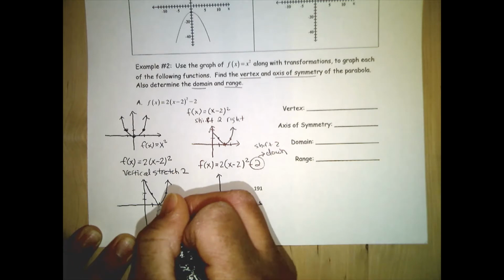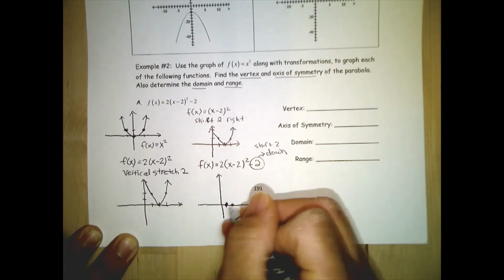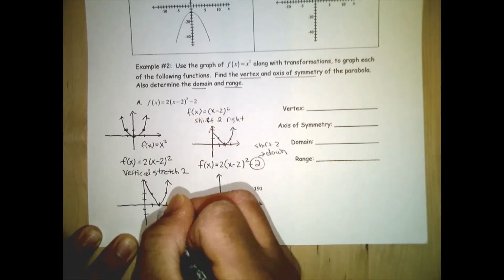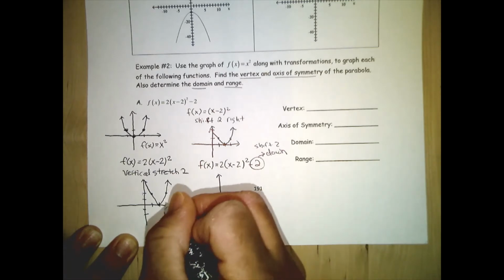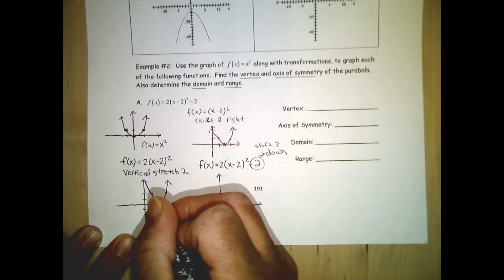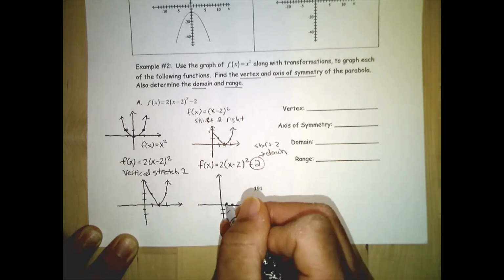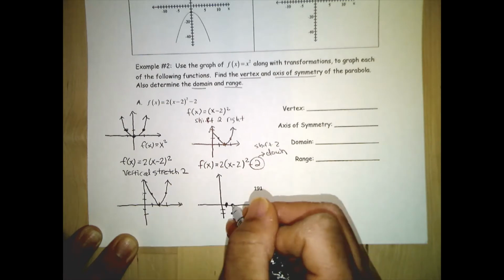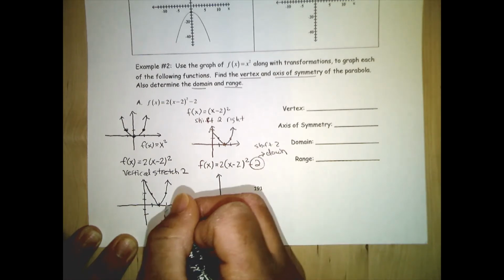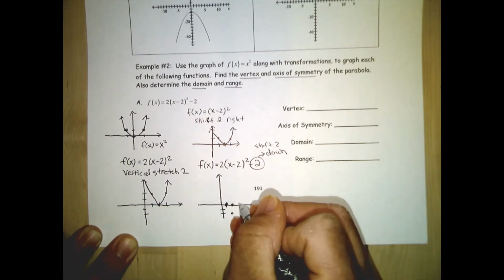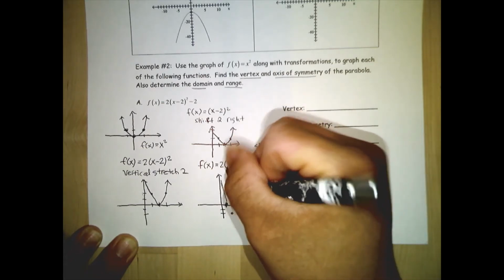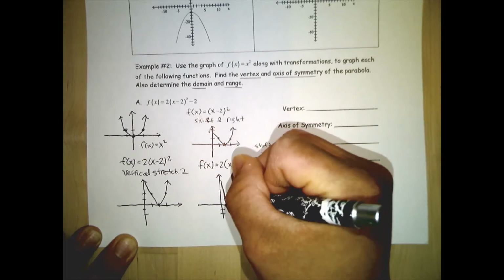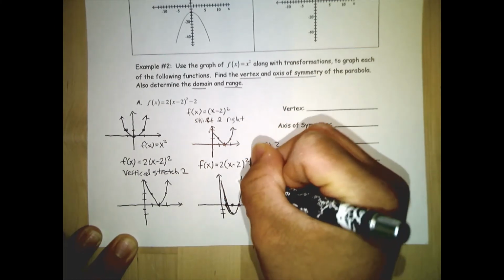So now the 2, 0 becomes, if I shift down 2, 2, negative 2. And the 1, 2 again became 1, 0. The 2, 0 became 2, negative 2. And the 3, 2 will become 3, 0. So here is the same parabola. Shift it down 2 units.